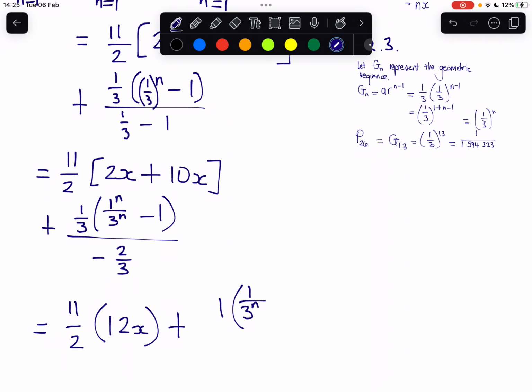This one will remain a 3 to the n. And then at the bottom here, we'll have a minus 2. We could actually use this minus to do a switcheroo. And if you're not sure why that works, go and watch the first video in this series where I explain why mathematically that is true. So I am going to do that quickly.